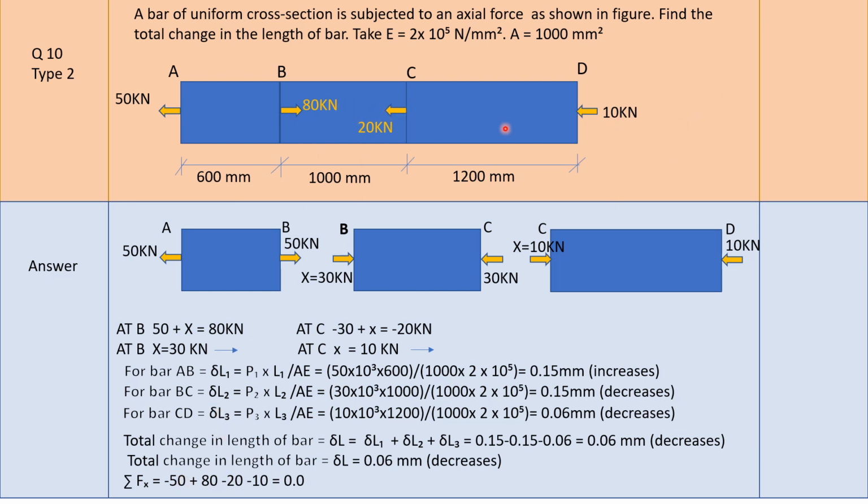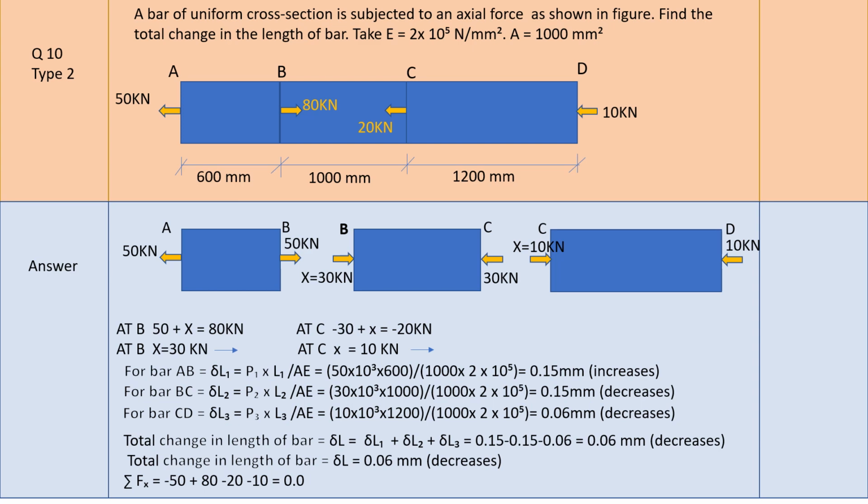This is again in the negative x direction, so minus 10, and this total should come 0. If it is not coming 0 in the exam, then these figures 50, 30, 20 and 10 will not match. And if there is some printing mistake and it is not coming, solve the problem halfway and say that there is a mistake in the problem and go ahead.